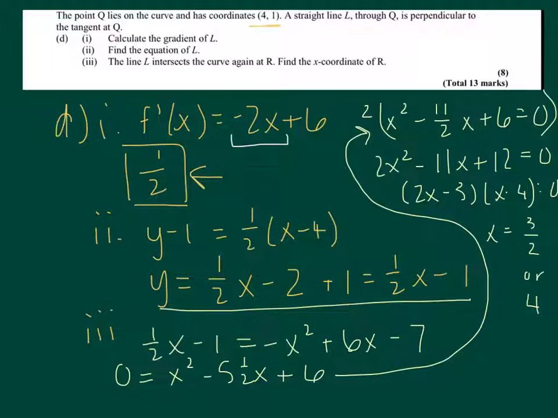But if we use 4, that would just be point Q, and we already have point Q. We're looking for a new point R. Since it's already used, we don't use the 4, and we just say that the x-coordinate of R is x equals 3/2. And that is number 12.